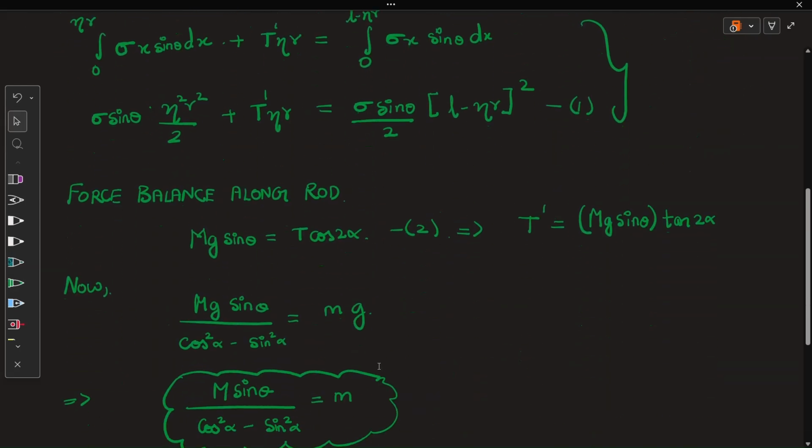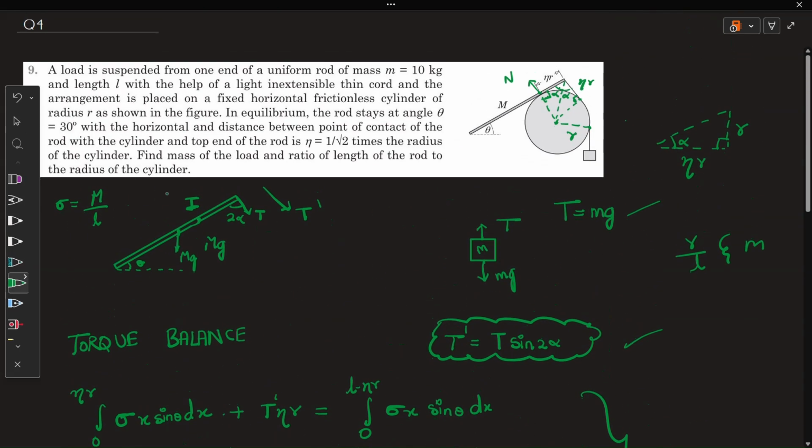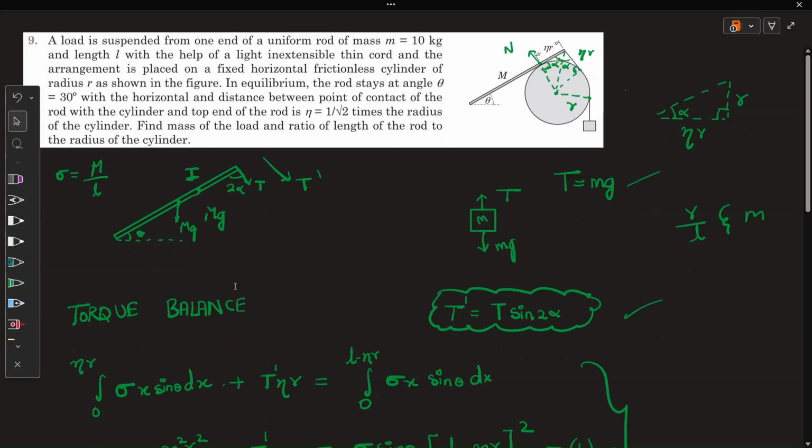So overall these two get equated. So mg sine theta is nothing but t cos 2 alpha, so that the rod won't move in this direction. It is also not moving in this direction, but we don't know the normal reaction over here, so we are not using that part of the equation.